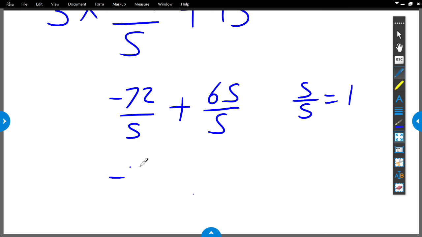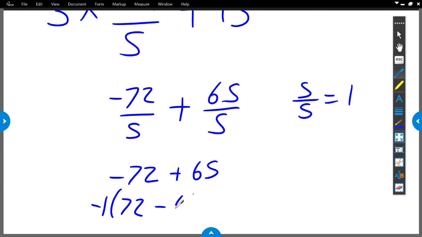To see why I can do that, if I have minus 72 and I'm adding 65, I can bring out minus 1 as a factor. So minus 1 lots of 72 minus 65 is going to give me the same result, because when I expand this bracket out, I haven't changed this. Then if I count up from 65 to 72, that's 7. So it must be minus 7. And that must be our y solution. The second y solution is that y is equal to minus 7 over 5.